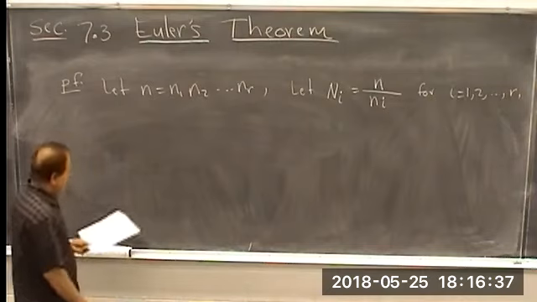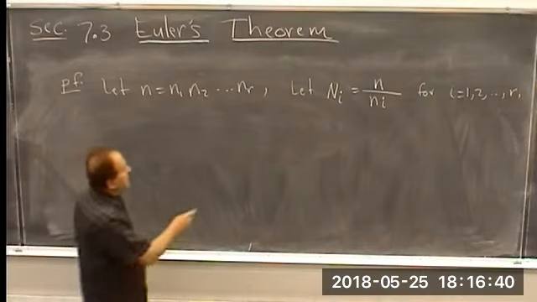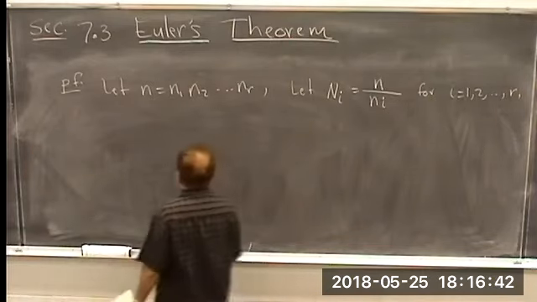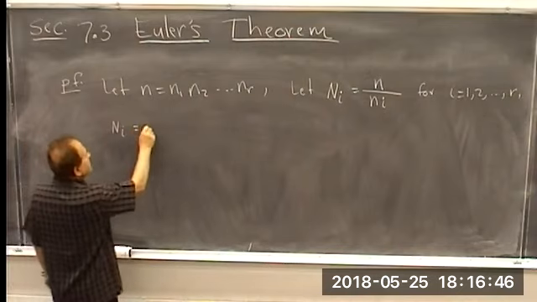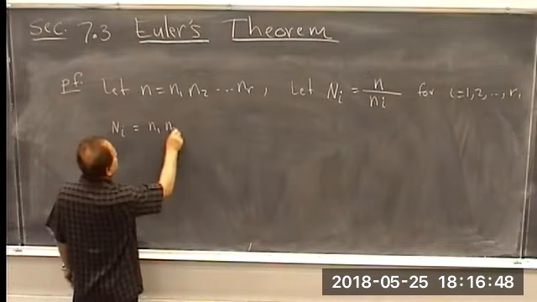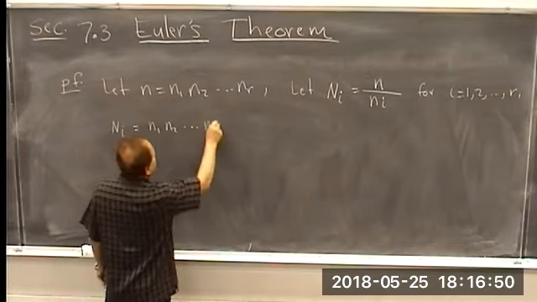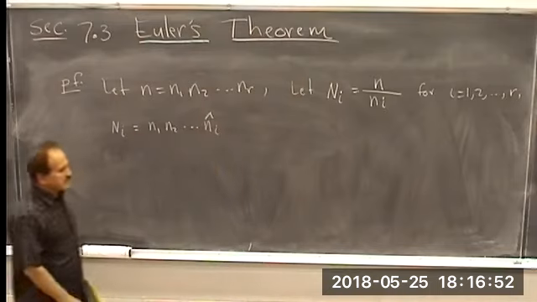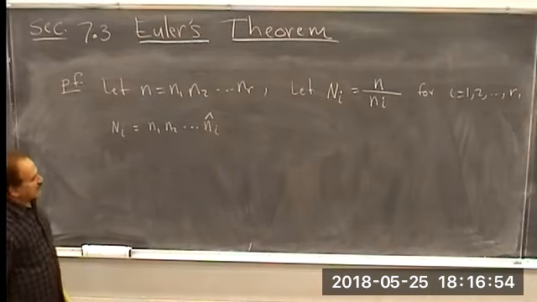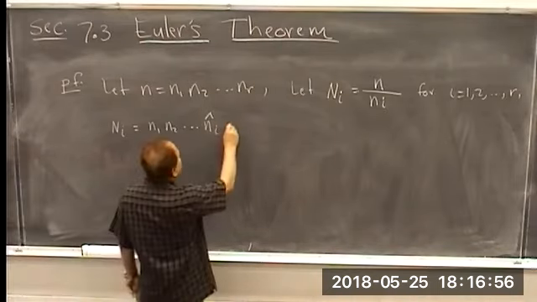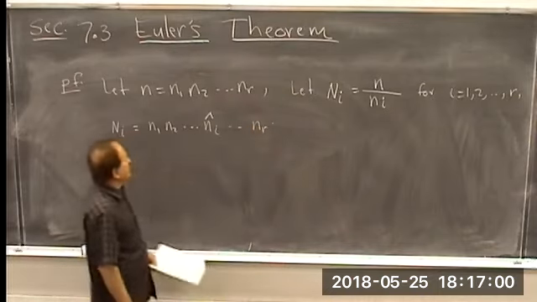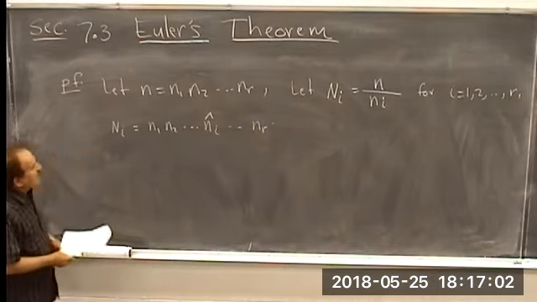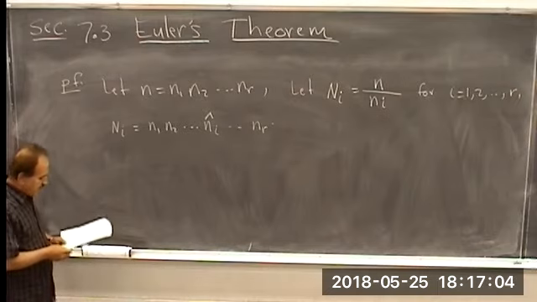Remember that n sub i is equal to n1, n2, and I put the hat on this, which means we are covering that, it's not in the product, up to n sub r.